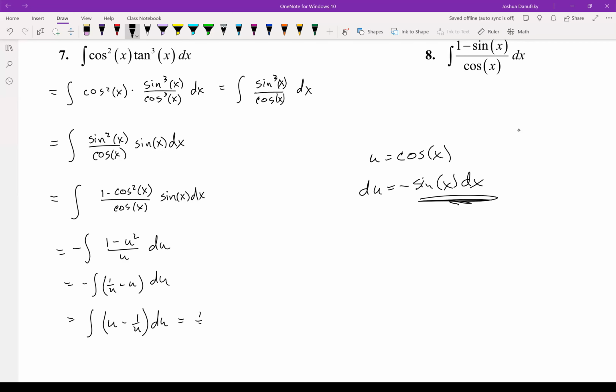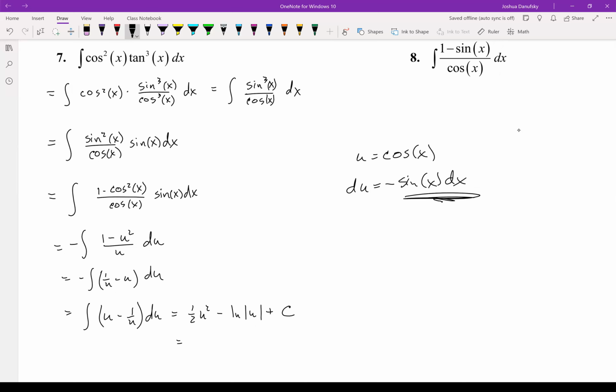We get 1/2 u squared minus ln absolute u plus c. And then, of course, we're going to bring back our cosine to get 1/2 cosine squared x minus the ln of absolute cosine x plus c, like that.